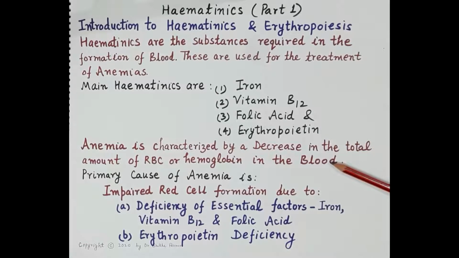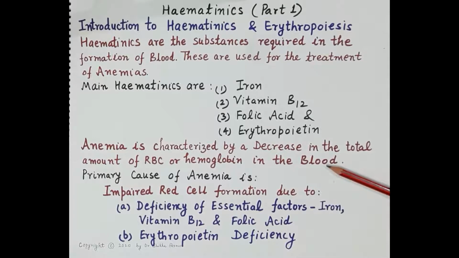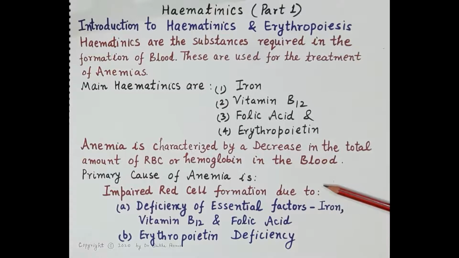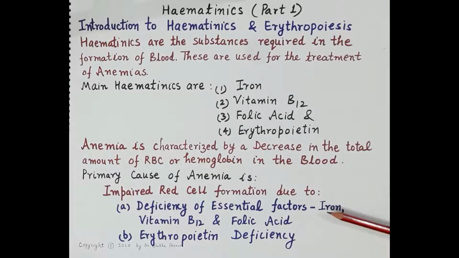Now anemia is a disorder of blood characterized by decrease in the total number of RBC or hemoglobin in the blood. Primary cause of anemia is deficiency of essential factors, namely iron, vitamin B12 and or folic acid, or anemia occurs due to deficiency of erythropoietin.